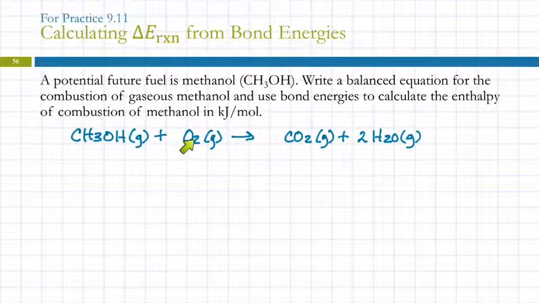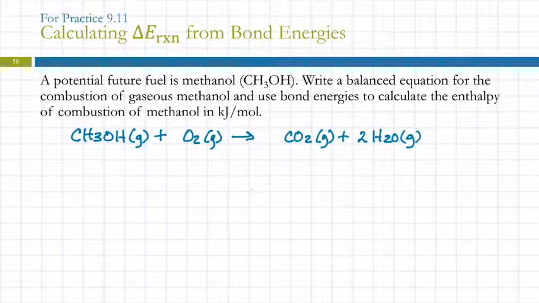Over here I've got 2 oxygens and 1 oxygen, so that's a total of 3. And over here I've got 4 oxygens. So I need 1 more oxygen over here. This is the odd-even problem, right? I can't just put a 2 in front of the oxygen because that's going to give me 2 extras, and I only wanted 1.